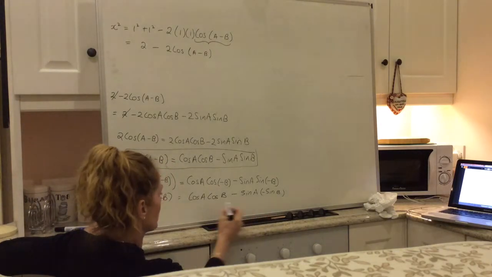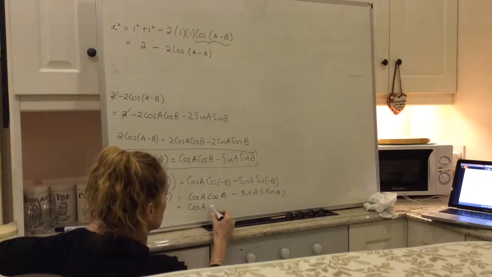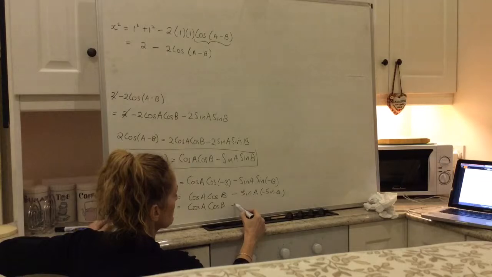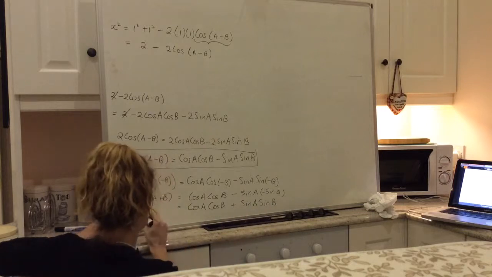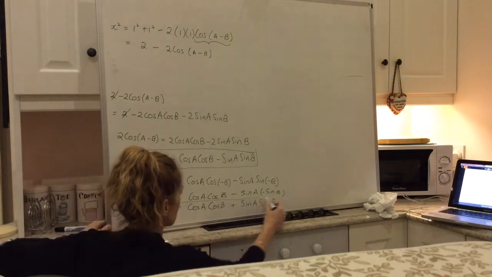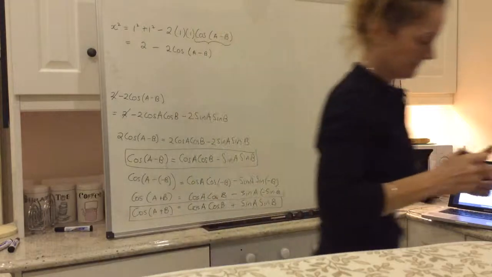Again, it's in the log tables. So what do we get then? We get cosine A cosine B, and a minus multiplied by minus gives plus sine A sine B. And that's the expression for cosine A plus B. Again, fully examinable in the Leaving Cert.